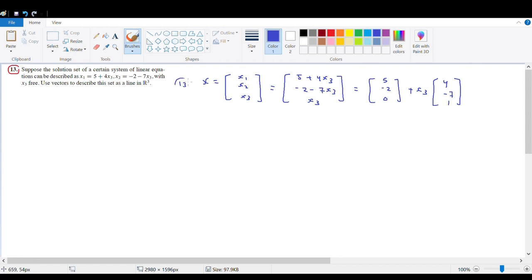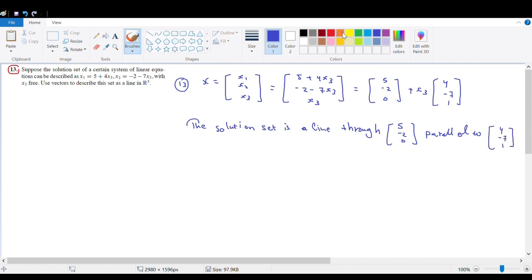So we can write here the solution set is a line through 5, minus 2, 0, parallel to the vector 4, minus 7, 1. And if you want to write this as p plus tv, where t is any scalar, the solution set is a line through p parallel to the vector v.